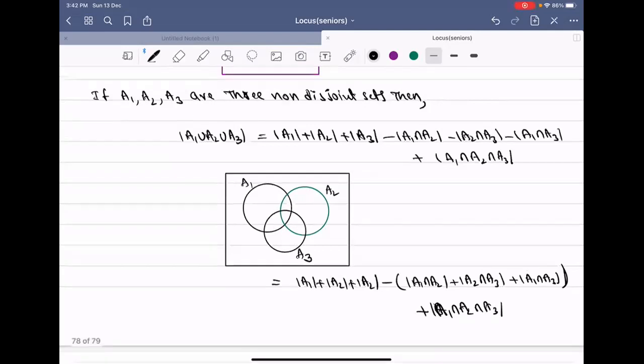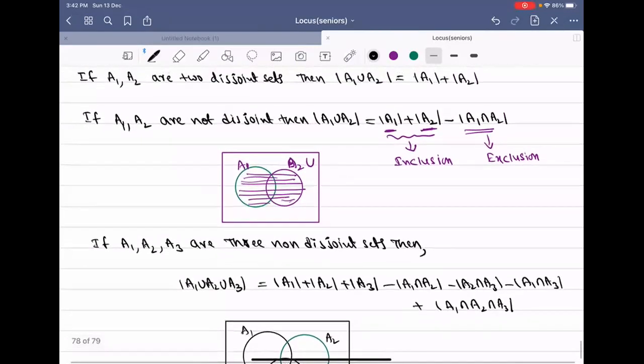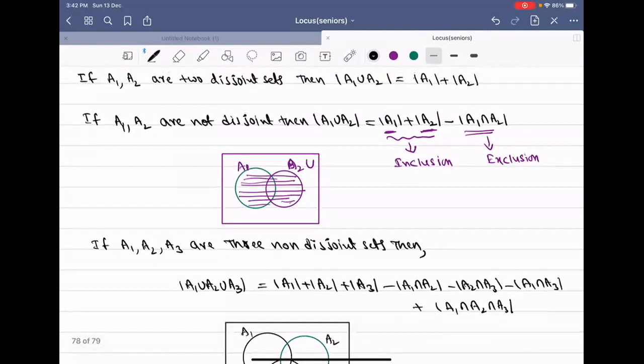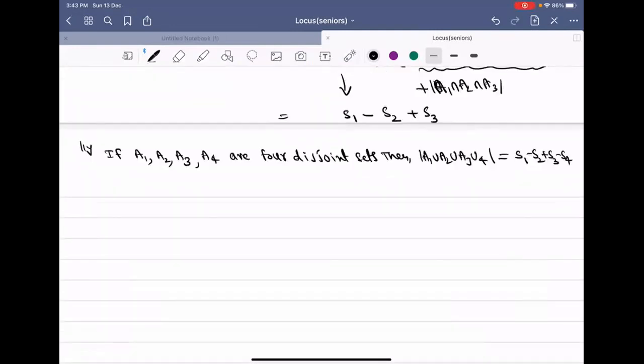With this principle, we will introduce notations instead of writing everything out: S1, S2 and so on.